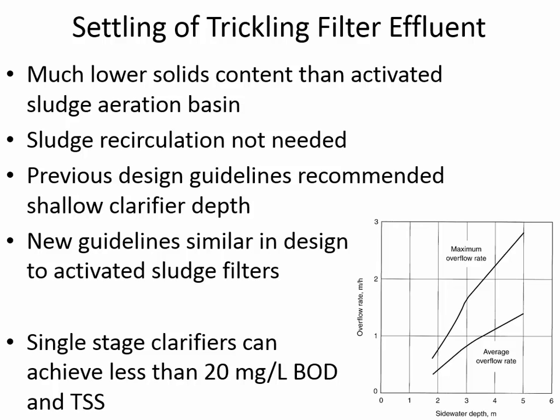In the secondary clarifier that's downstream of the trickling filter, the solids content is going to be a lot lower inside the clarifier because remember there's no sludge recirculation. And so in an activated sludge environment, you may have 2,000, 3,000 milligrams per liter of sludge solids, but the majority of that is because you're recirculating the sludge and allowing the solids to accumulate.